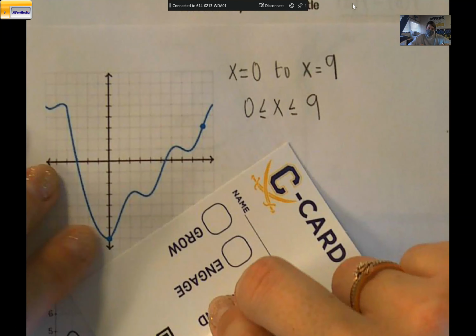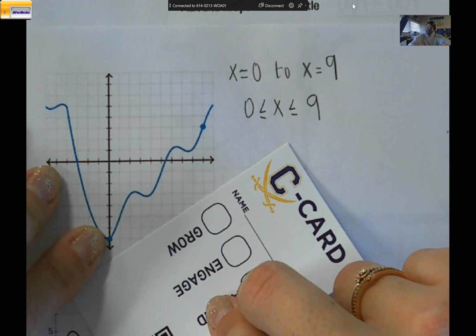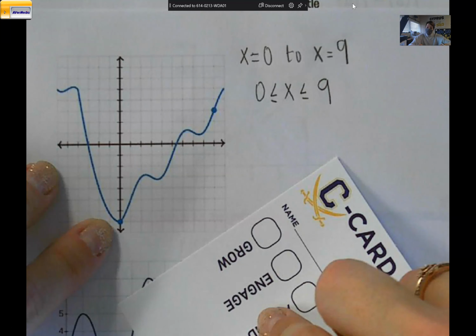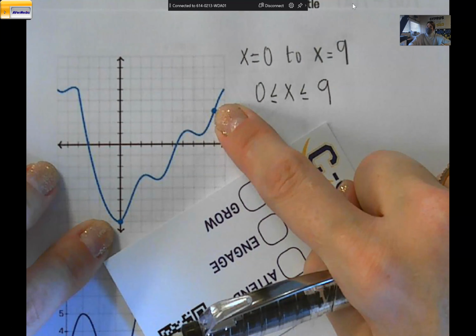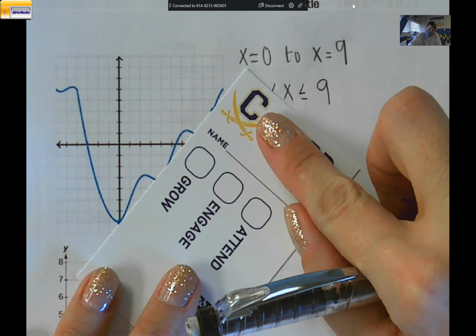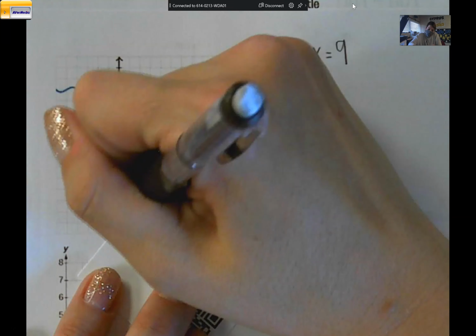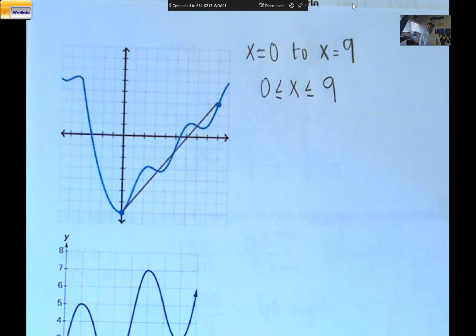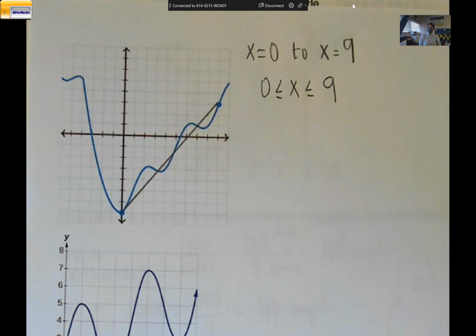And notice they put a point at the 0 for me, and they put a point at the 9. So I'm going to connect those with a straight line because that might help me see the rise and the run a little bit better.